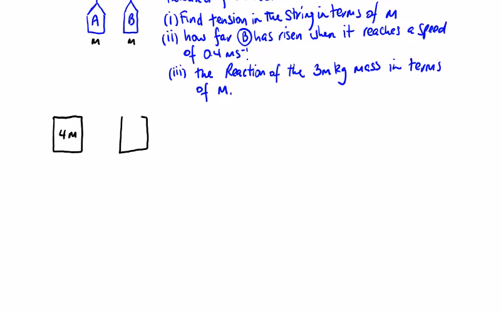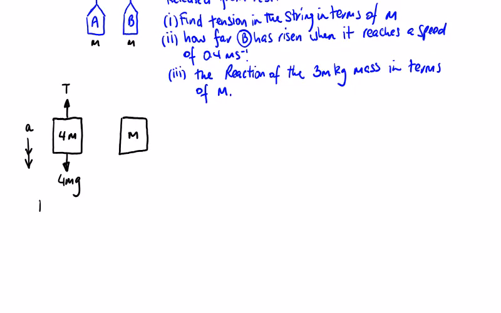B will still be m, so the acceleration is going to be down in this direction. So 4mg coming down. I have a tension in the string going up.